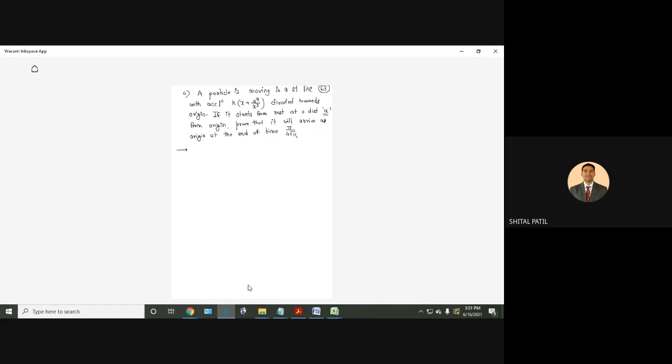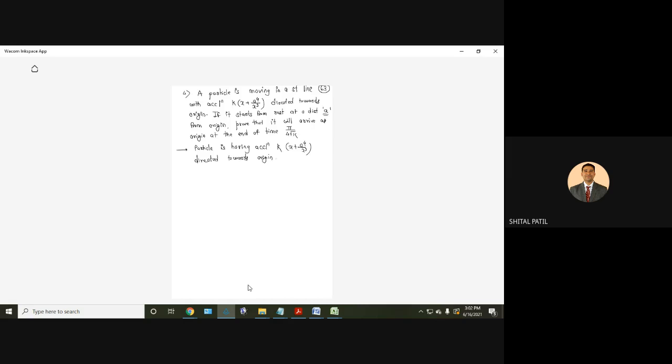Yes, solution, better. The particle is having acceleration k a raised to 4 divided by x cube directed towards origin.